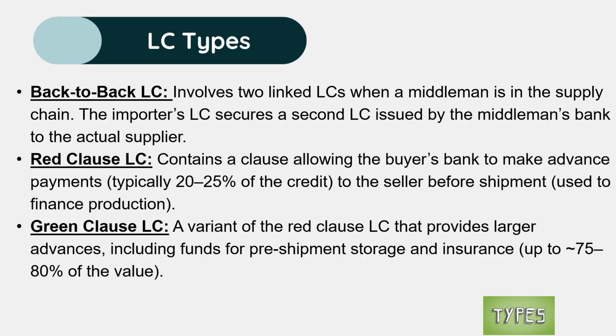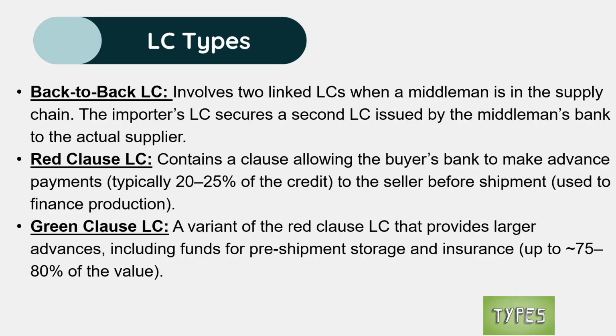And next is green clause LC. This is a variant of the red clause LC, and it provides larger advances. In red clause LC, up to 25% advances are there, and in green clause LC, 75 to 80% payment can be made in advance. So you can see how unsafe this type of LC can be.